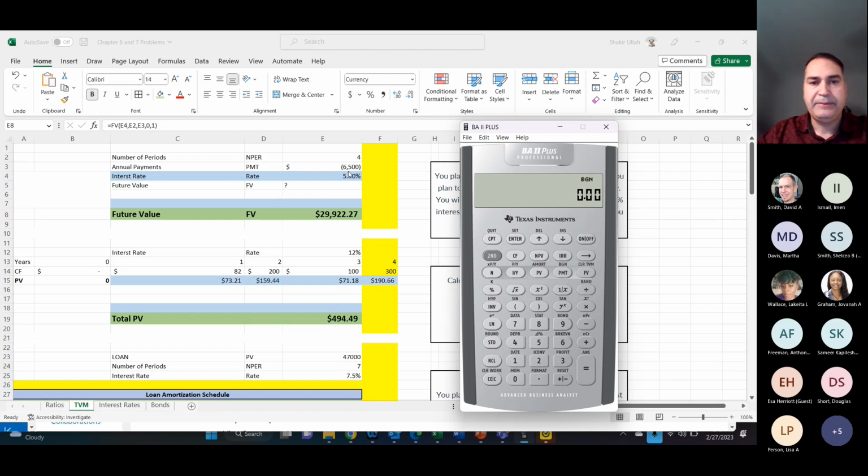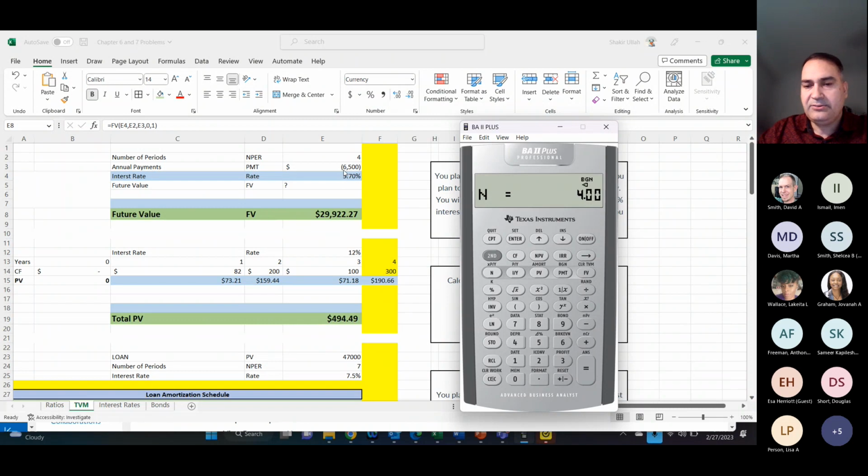Let's give it the values. So 4 is the number of periods, and that is n in my calculator. Remember, when this arrow appears right here with this number, it means that it has registered this value for n. If that arrow does not appear, that means you have typed the value, but it has not registered it yet.